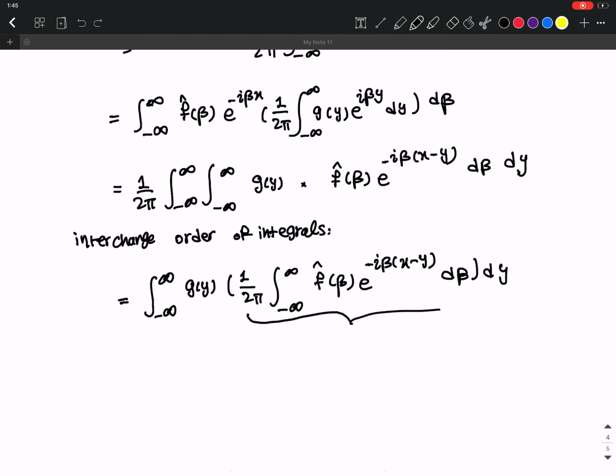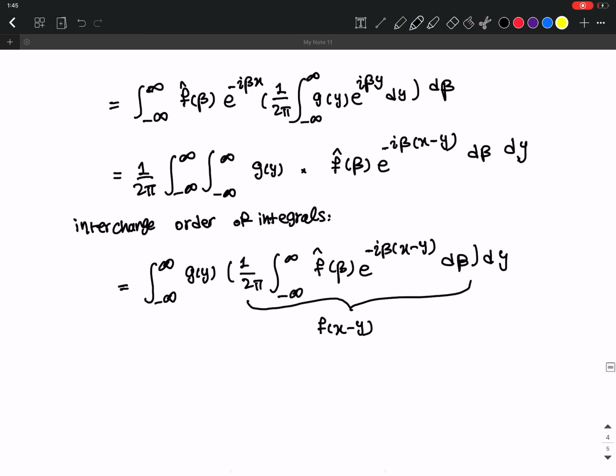And here, instead of x, I have x minus y. So this is just going to be the inversion formula for f, so it is just f(x minus y). Interesting. And then this reduces to the integral from minus infinity to infinity of g(y) f(x minus y) dy, right?